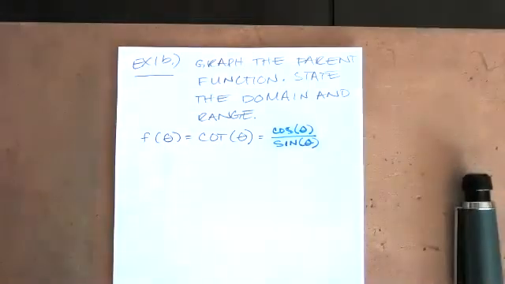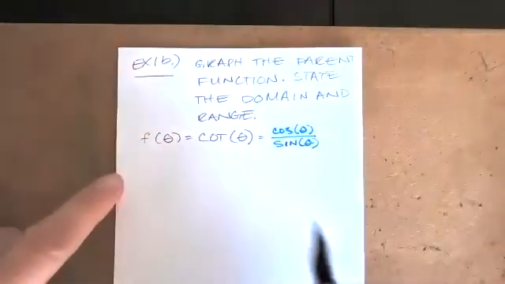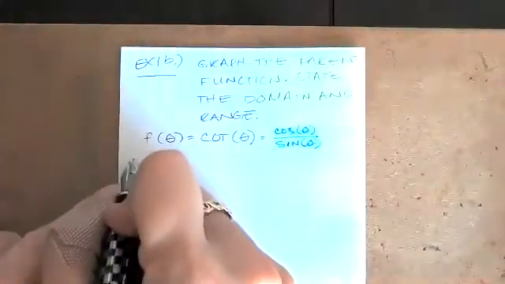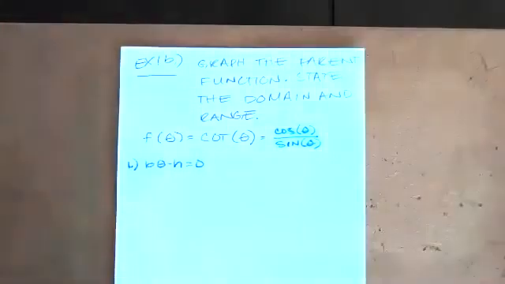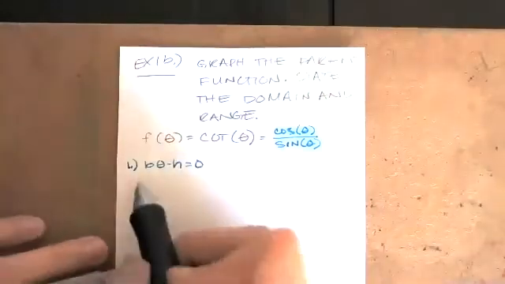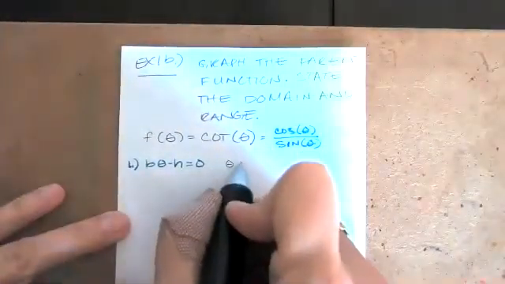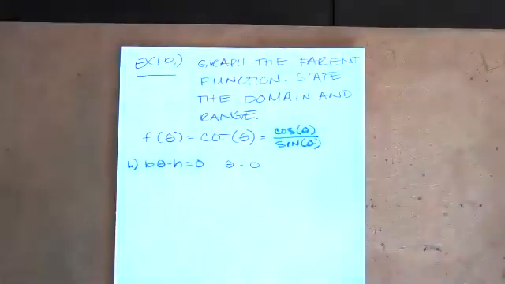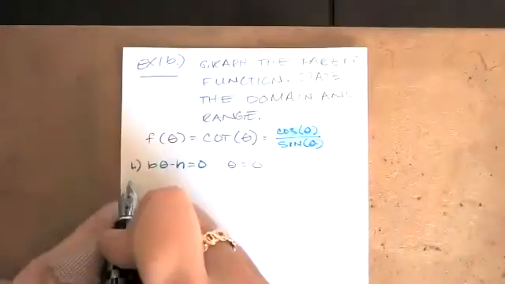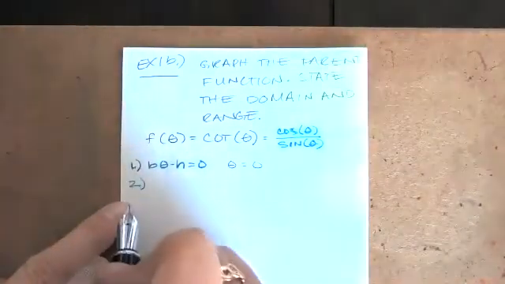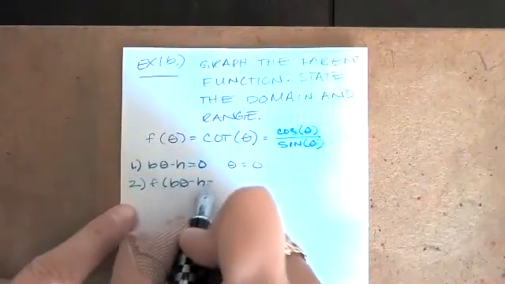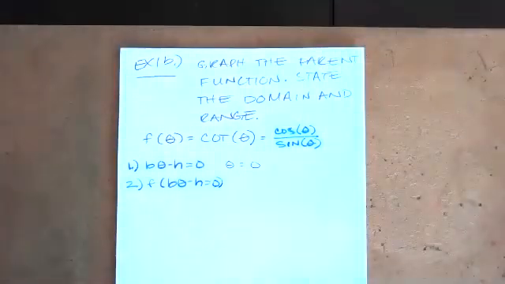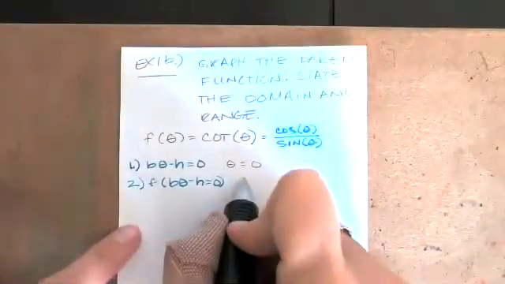So in graphing this, our first step will be to set b theta minus h equal to 0. Now this is the parent function, so we don't have any of these transformations, so theta just equals 0. Our second step is that f of b theta minus h equals 0. So we'll just plug in the value that we have.